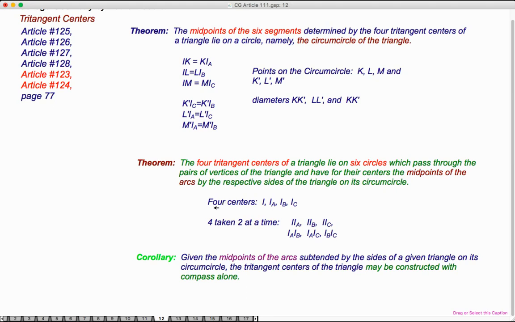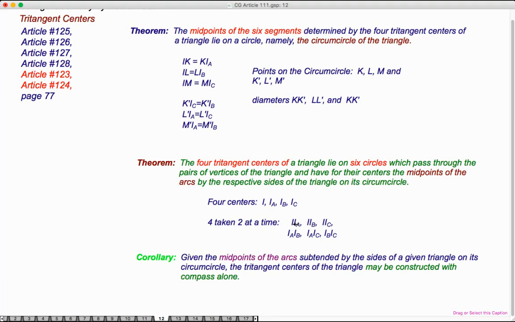We know that for every triangle, there are four centers, based on the angle bisectors: the incenter I and the three excenters I sub A, I sub B, and I sub C. If we take 2 points at a time out of four objects, then there will be six possibilities.